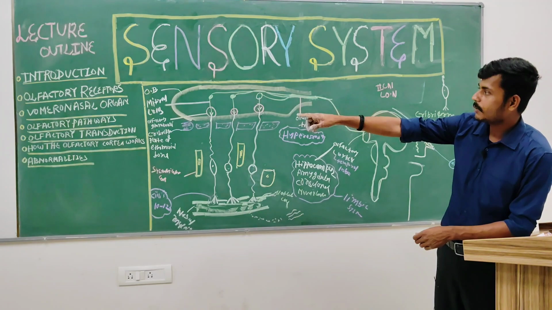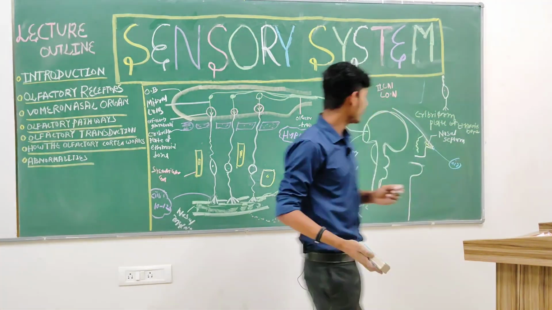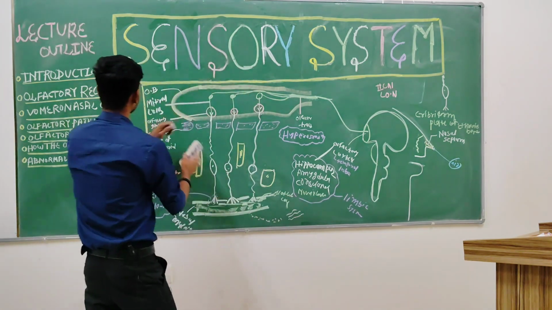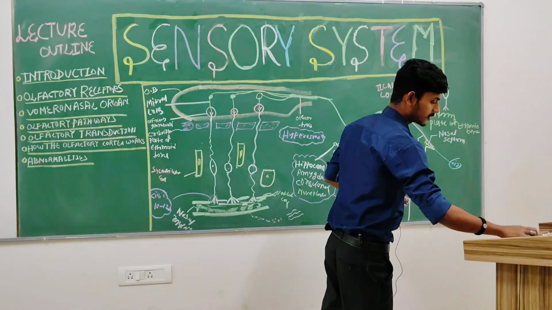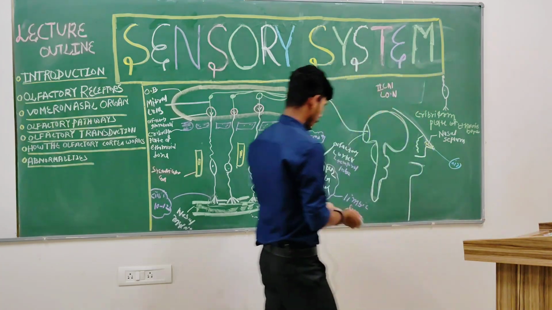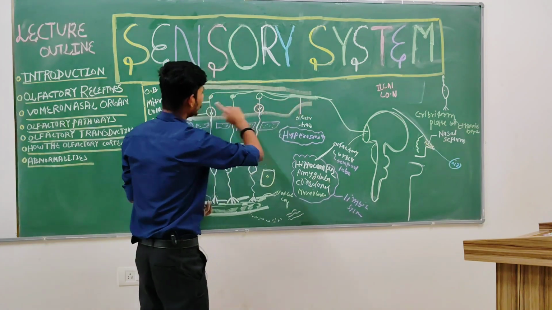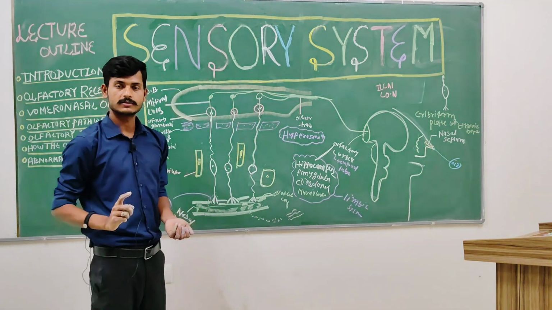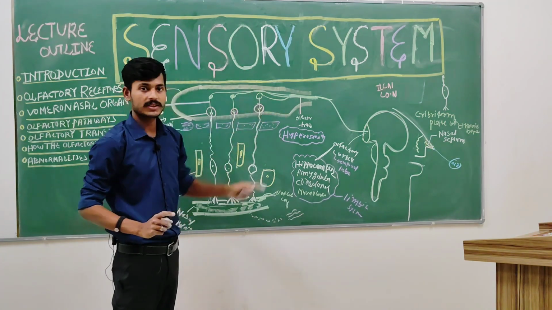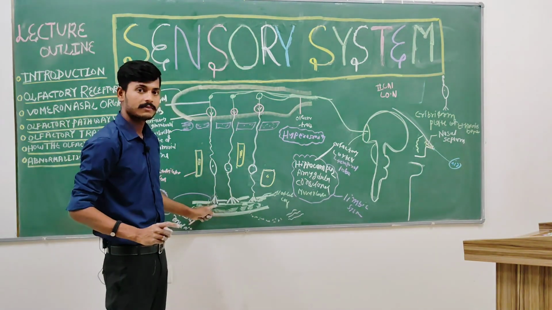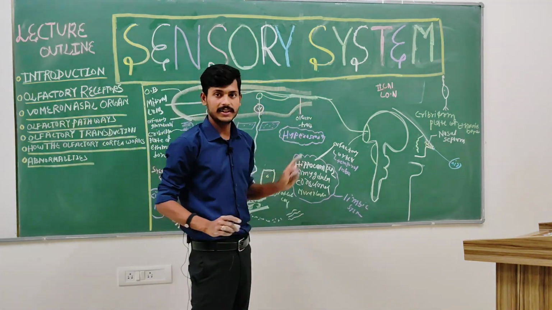Now we are discussing the vomeronasal organ. Like this, first I will talk about some of the disease conditions. See, in these pathways, if any trauma happens, or demyelination happens, except these cilia, which are the demyelinated part, the rest of this part is myelinated.